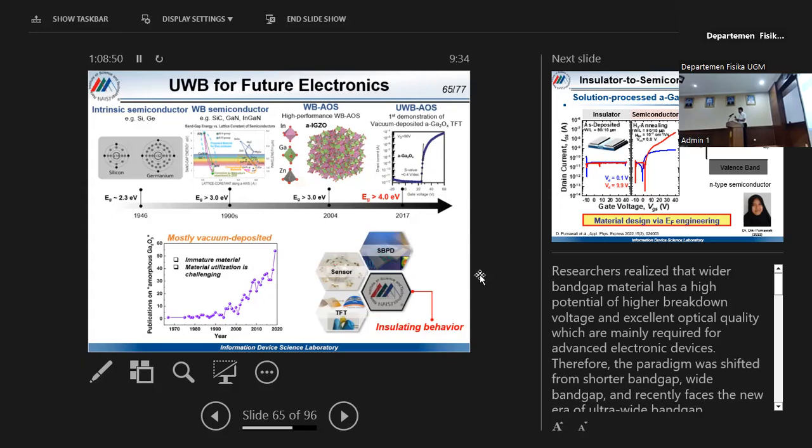For example, if oxygen adsorbs on the surface of the amorphous IGZO, it will capture electrons, and the characteristics will shift positively. In that way, you can use the threshold voltage to sense the presence or absence of oxygen. In the moisture's case, it will shift negatively because it will increase the electrons. That's how we use it as a sensor.